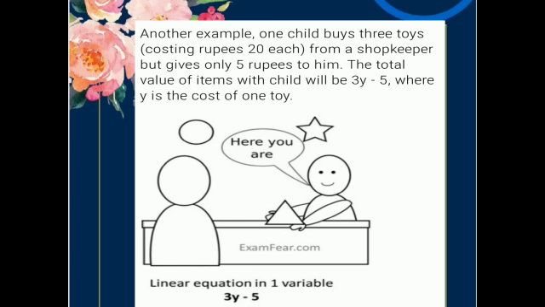So we can find it here: 3 into 20 is 60. The cost of the toys is 60 rupees. But the child has given only 5 rupees to the shopkeeper. 60 minus 5. How much balance does the child have to give to the shopkeeper? You can find out easily using this linear equation.